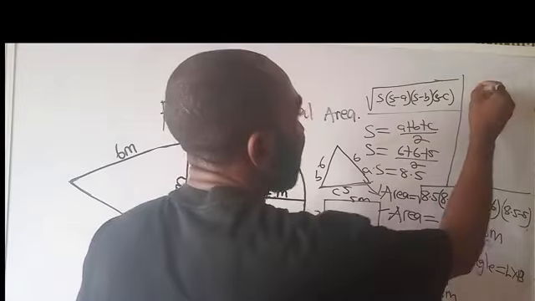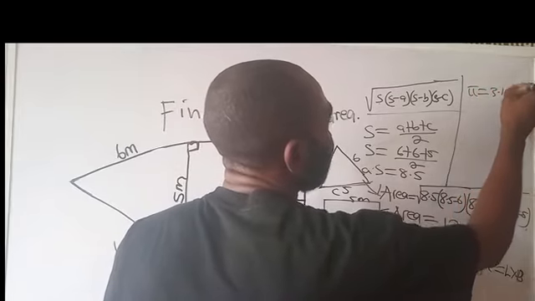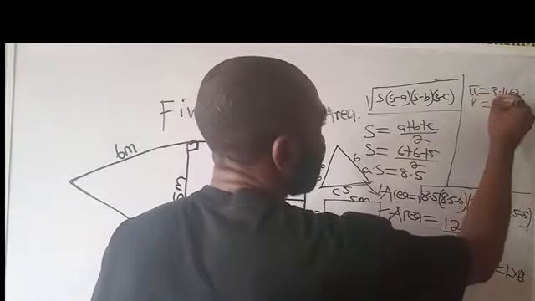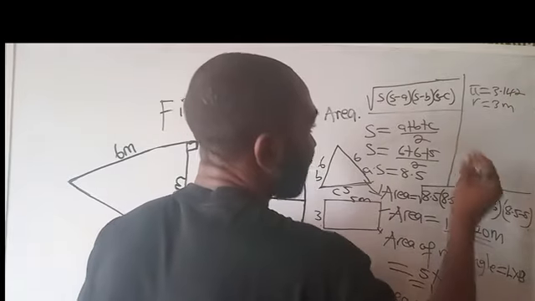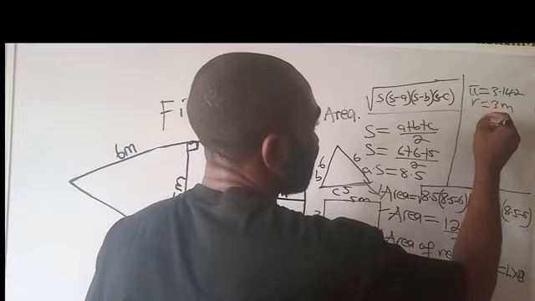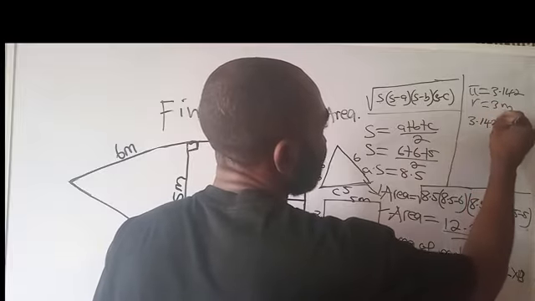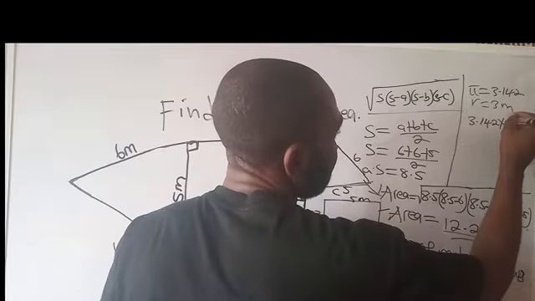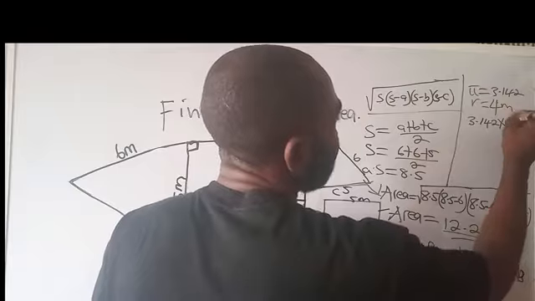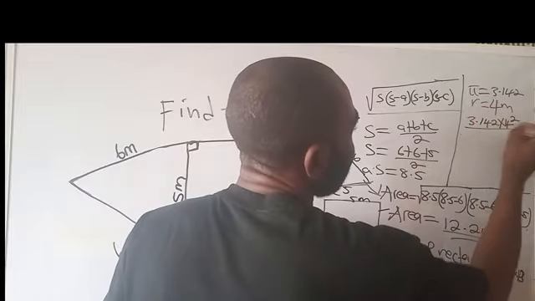We know that pi is equal to 3.142. Putting back in the formula, we have 3.142 times, sorry, the radius is not 3, it is 4, times 4 squared, all over 2.